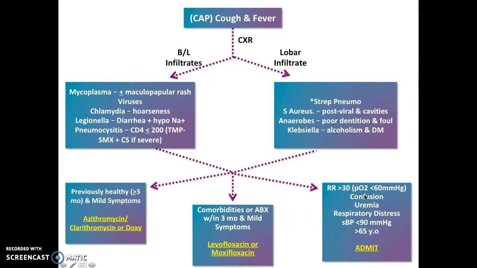But more straightforward with the CURB is confusion, so altered mental status, uremia, if they're in respiratory distress, which I guess can go with the respiration rate above 30, if their systolic blood pressure is less than 90 or they're above 65. So again, CURB-65, admit these people.